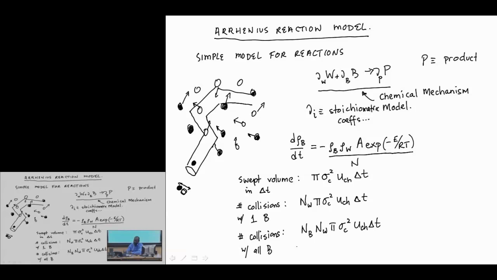So this is representative of our rho_B, rho_W. So this represents our densities there.